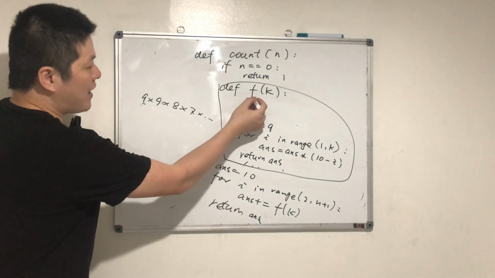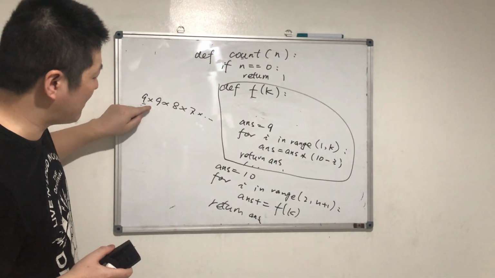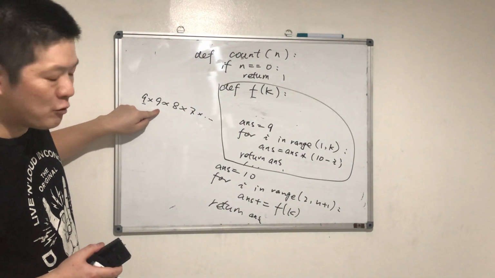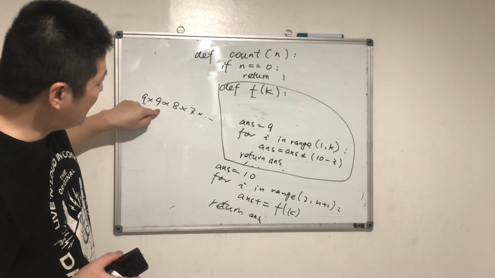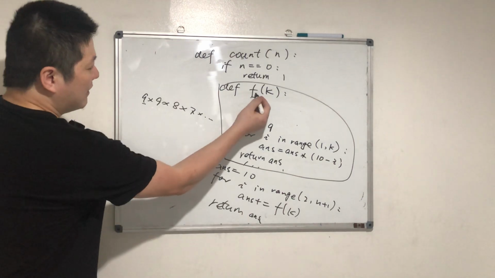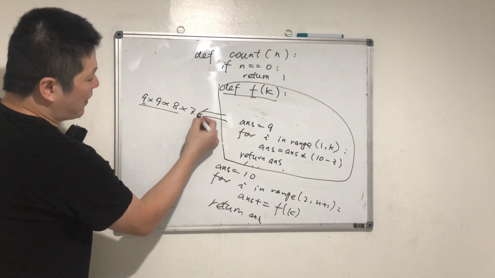We are not confusing F and the count. Fk only calculates. F1 equals 9, F2 equals 81, right? 8 times 9 times 9. F3 is times 8, so 9 times 9 times 8. This Fk is this function, okay?